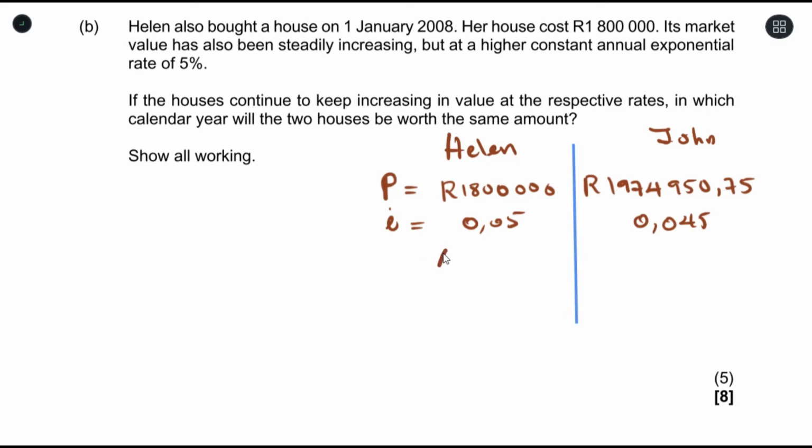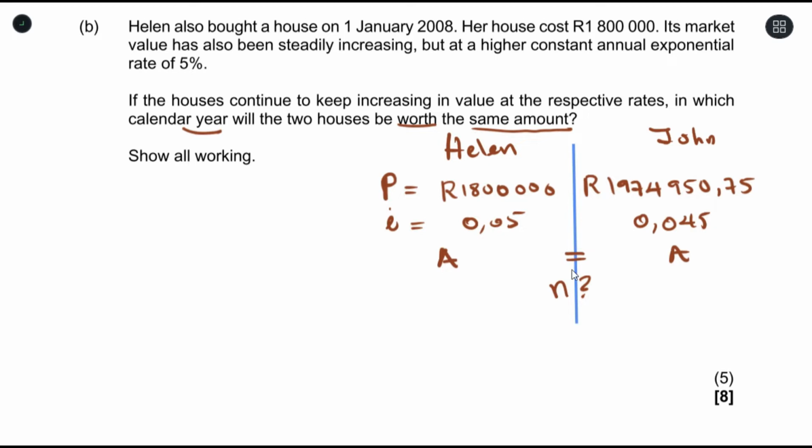Now, the accumulated amount would be the same. So the A for Helen should be equal to the A for John. The reason is that they're asking at which year the two houses will be the same, meaning they should be equal. And we are told that n is what we're trying to get.